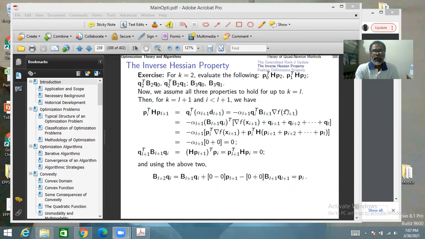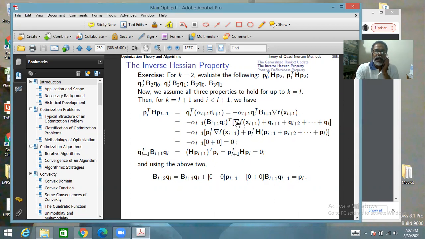And what we do with this gradient is that we open this gradient as the gradient at xi plus 1 plus the gradient difference between i plus 1 and i plus 2. That is, this is basically the gradient at i plus 2 minus the gradient at i plus 1. Plus the next difference, plus the next difference, plus the last one is the gradient at this point.